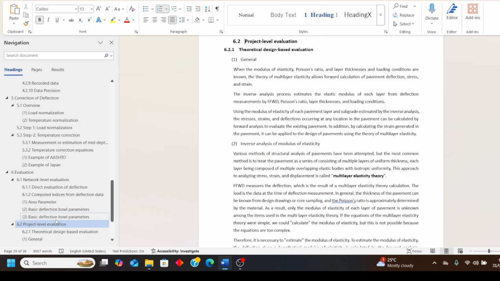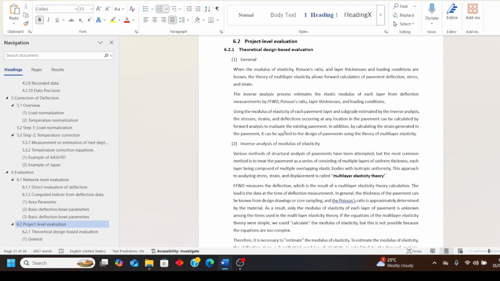Now I will move towards the project level evaluation. What this manual says about the project level evaluation is that it is used for the design and engineering decisions when a road is to be repaired or strengthened.